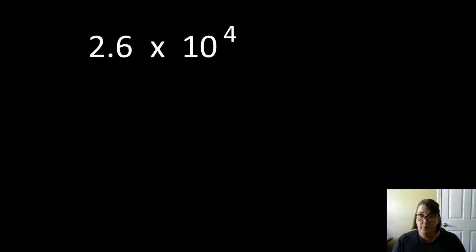Here's another practice. Now I've got my number and I want to put it back into a whole number. We know this 4 tells me how many places I am moving my decimal point. So I start at my decimal point and move over 4: 1, 2, 3, 4, and I add my zeros.